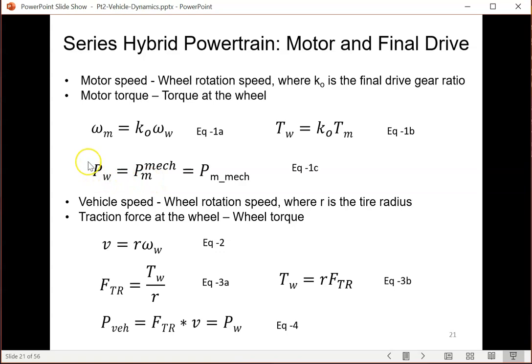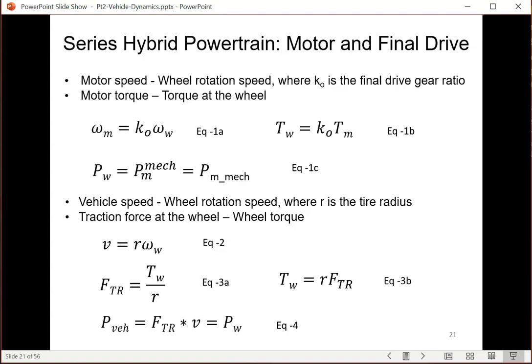Power of the wheel, that's omega W times TW, equals the mechanical power of the motor, that's the output of the motor. Therefore, I put a Mech there, or sometimes I use a subscript, to indicate this is the mechanical power of the motor. Remember, when the motor is in the motoring mode, driving the wheels, the input is voltage and current, therefore electrical power.